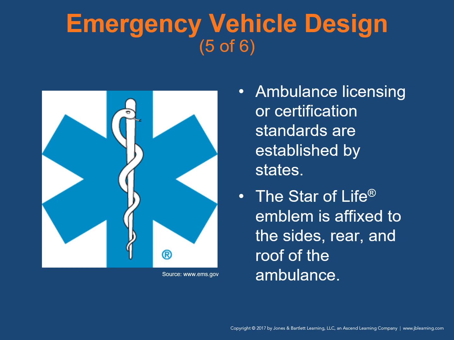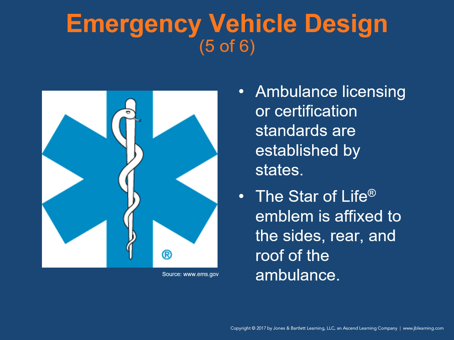Each state establishes its own standards for ambulance licensing or certification. Many states use federal specifications. The Star of Life emblem identifies vehicles as ambulances and is often affixed to the sides, rear, and roof of the ambulance.